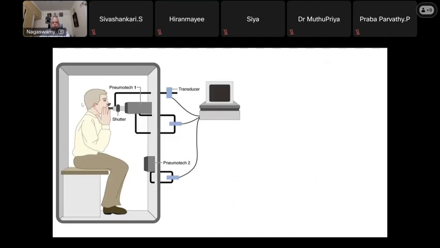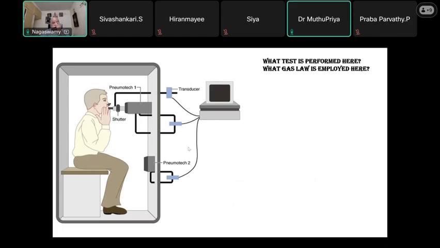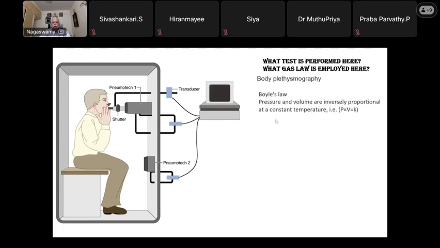So this is the picture. What test is performed here and what gas law is utilized in performance of this test? This is what is called body plethysmography, and it involves Boyle's law. There are three basic gas laws. As I told you, the mechanics of respiration involves a lot of physics.